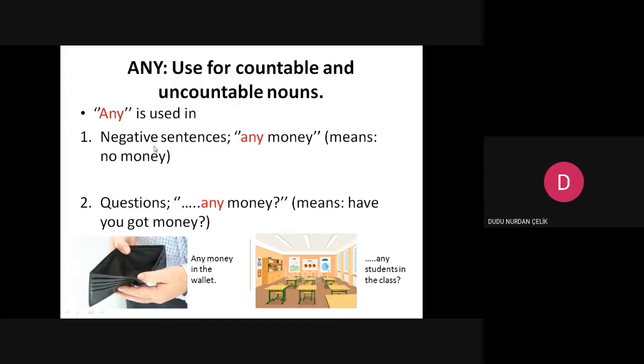We can use any in negative sentences and we can use any in questions. How? Has he got any money in the wallet? Oh no, he hasn't got any money in the wallet. It means he has no money.